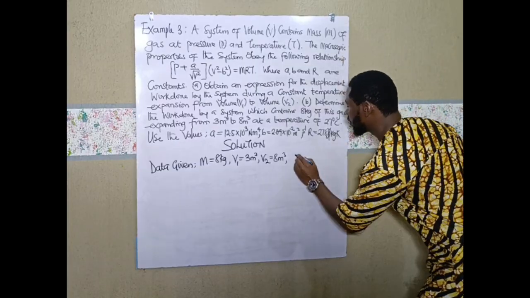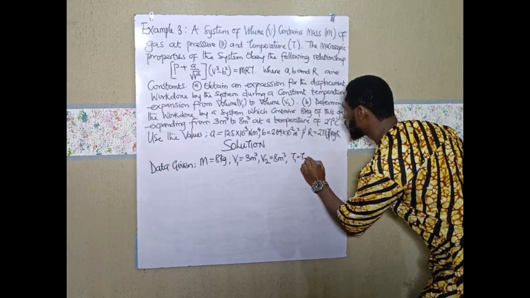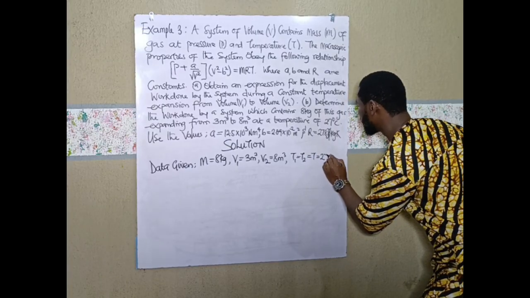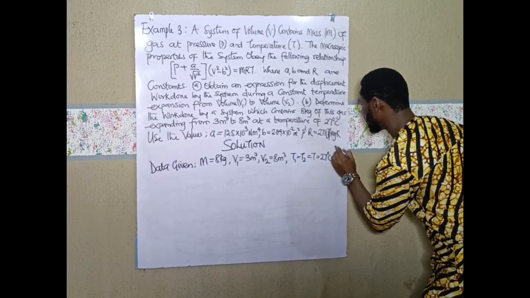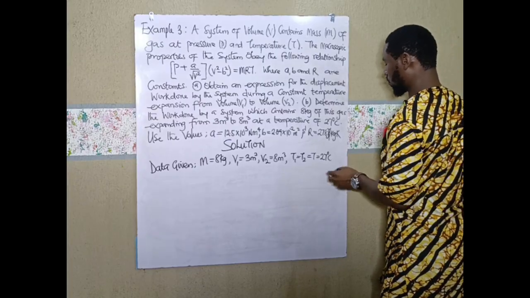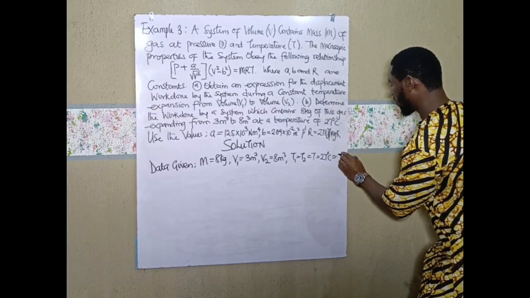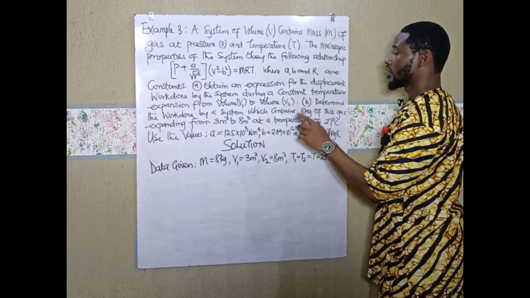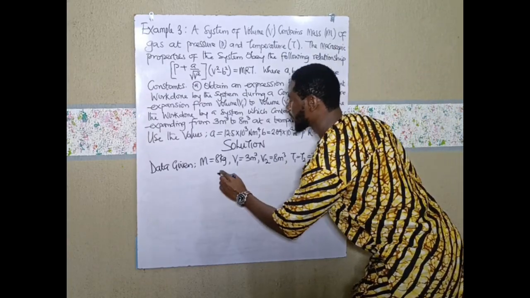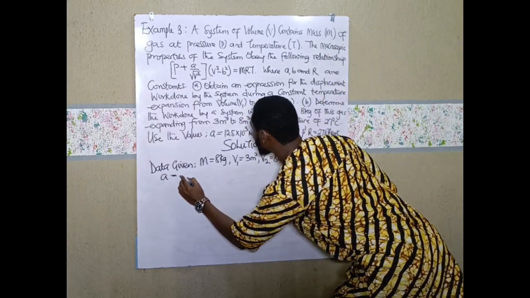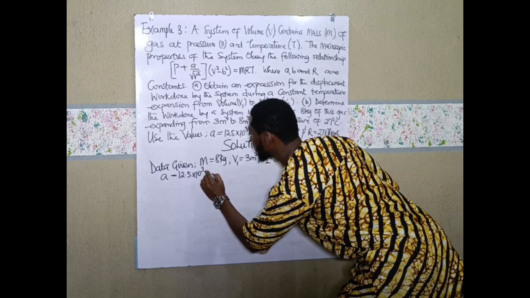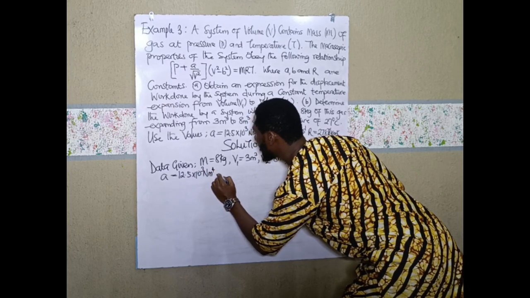At a constant temperature, T1 equals T2, which is the same thing as T, which is 27 degrees Celsius. Converted to Kelvin, we have it as 300 Kelvin. Then the constant values, A is given as 12.5 times 10 raised to the power of 3 Nm^4.